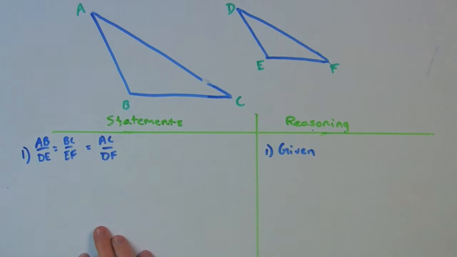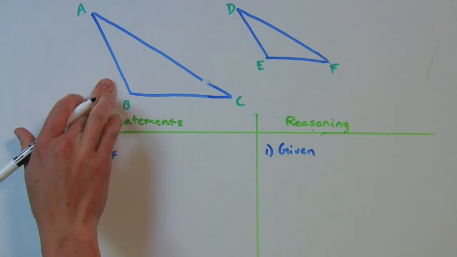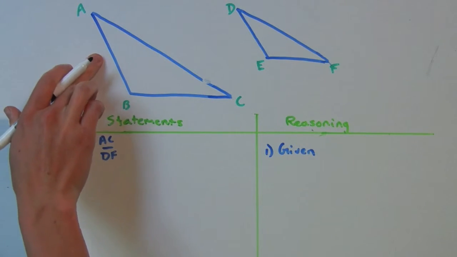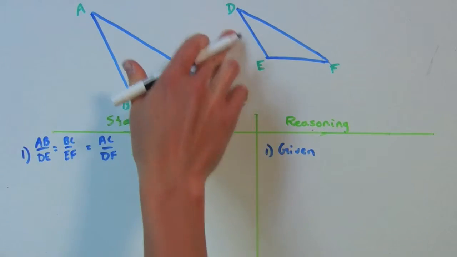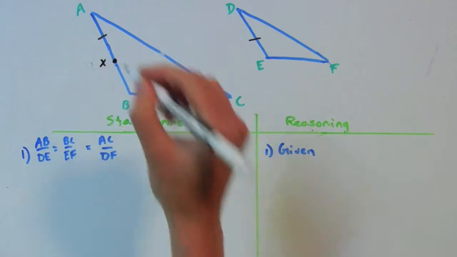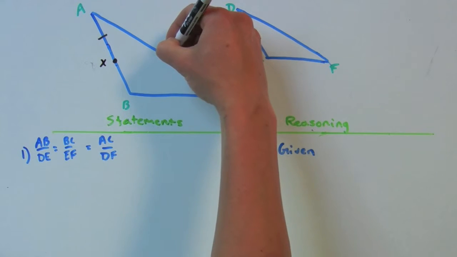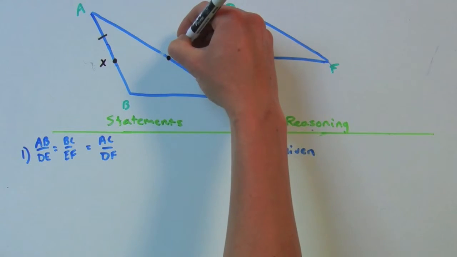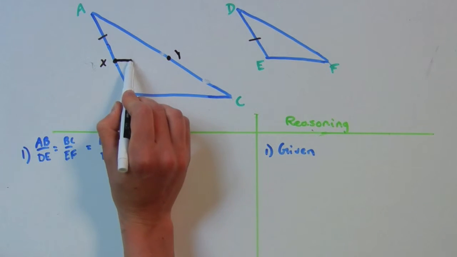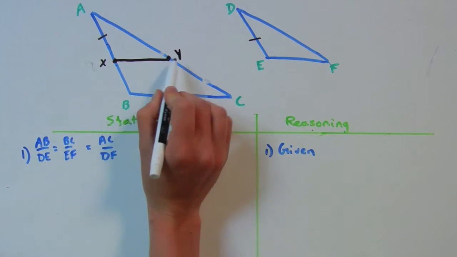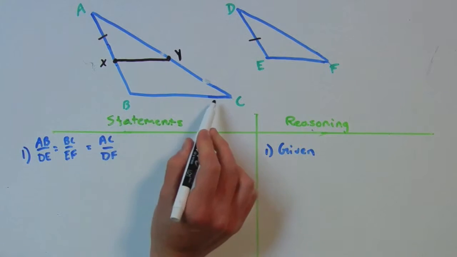We're going to construct a point on the segment AB, let's name that point X, such that the segment AX is congruent to DE, and we're going to make a point Y such that the line XY is parallel with BC.